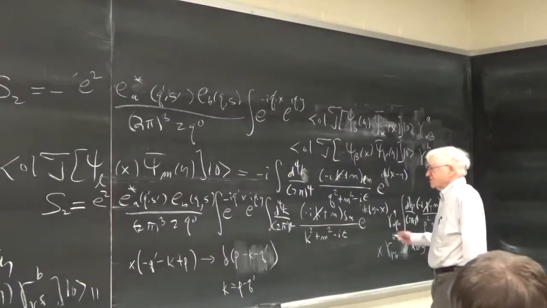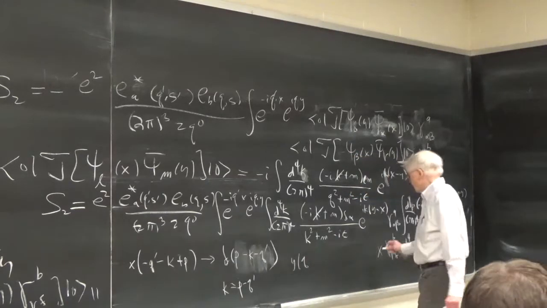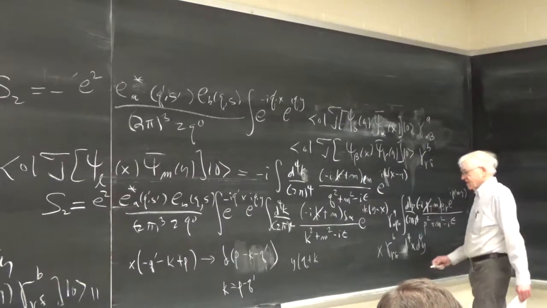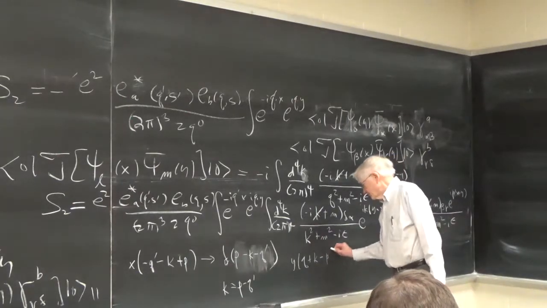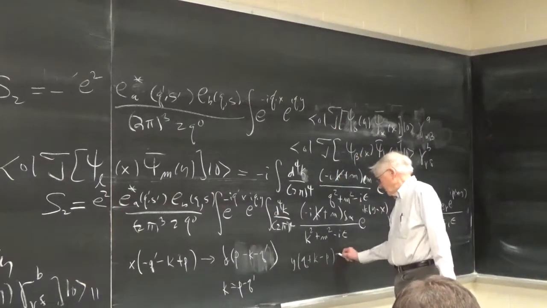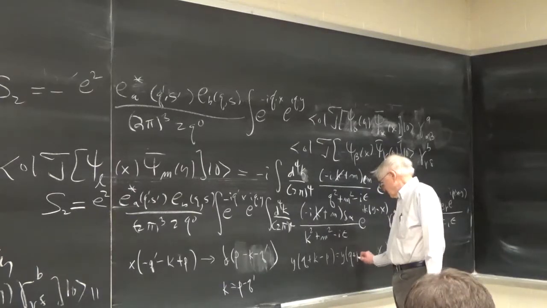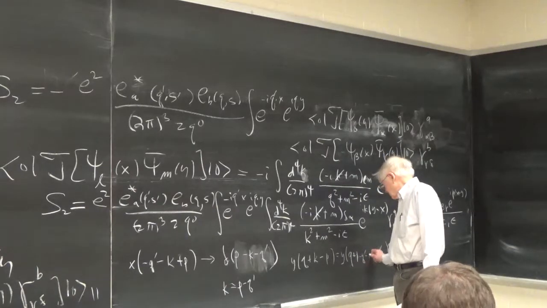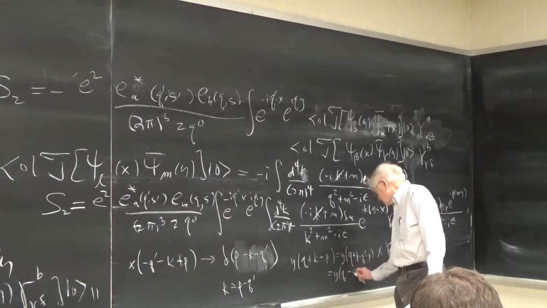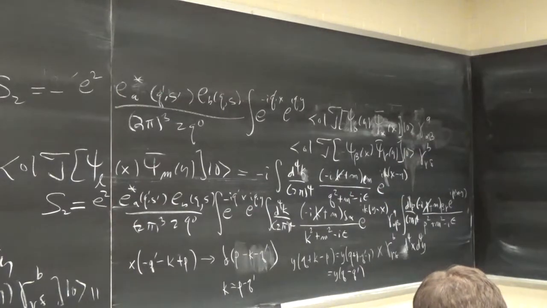And then the coefficients of y are q plus k minus p. But k is already p minus q prime, so this is q plus p minus q prime minus p. So this is y times (q minus q prime). That's an overall delta function of q minus q prime.